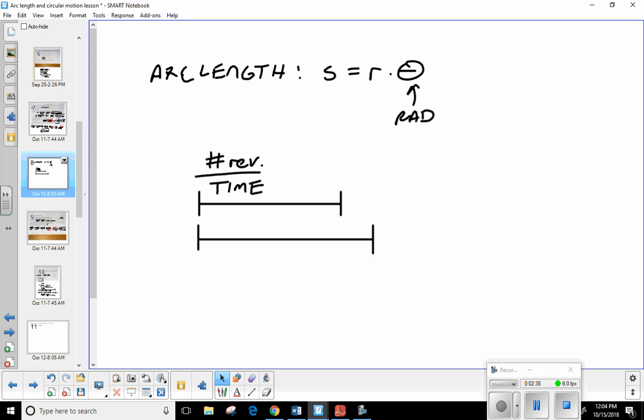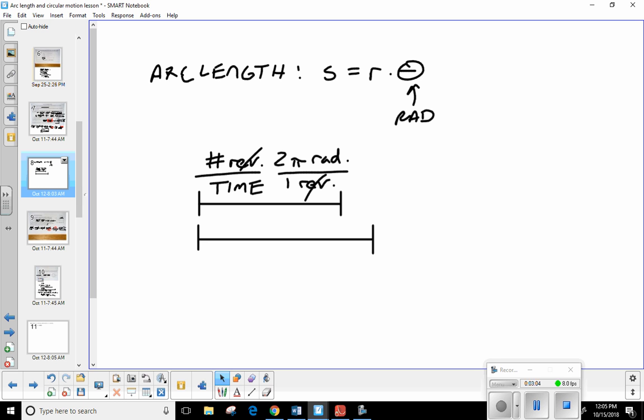So the number of revolutions over time, but we like our angular velocity to be recorded in radians. So what was that same fraction that just shows up over and over again? 2 pi radians, there you go. 2 pi radians over 1 revolution. Okay, this is how we'll start every one of these problems. The very first thing that should always cancel is going to be your revolutions.